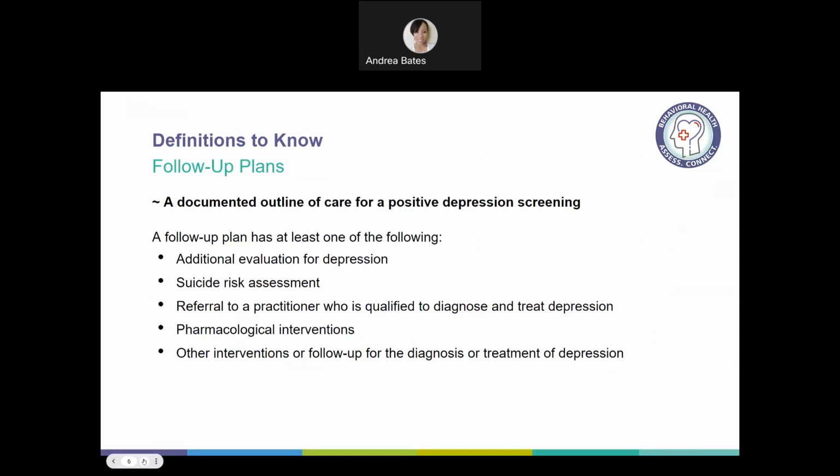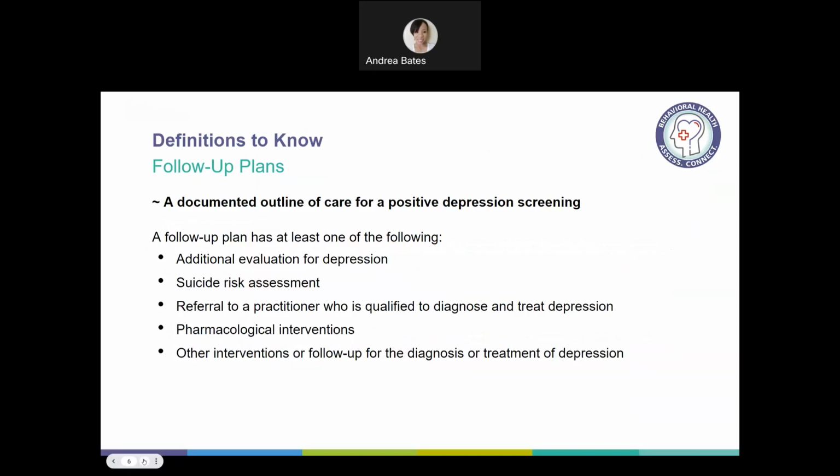So follow-up plans, like I mentioned a few slides ago, when a patient is deemed positive and a follow-up plan is documented. So it is a documented outline of care for a positive depression screen. And a follow-up plan has at least one of the following listed below.